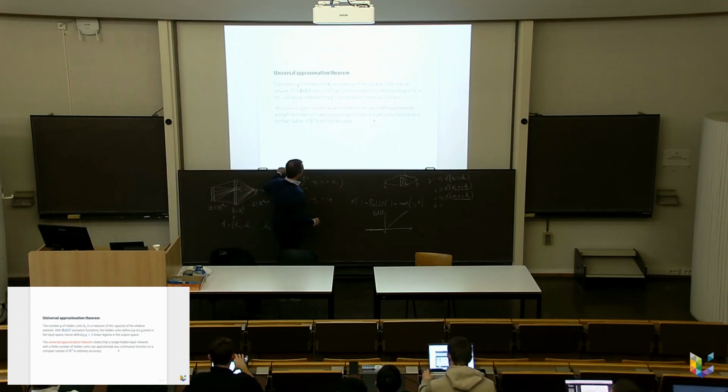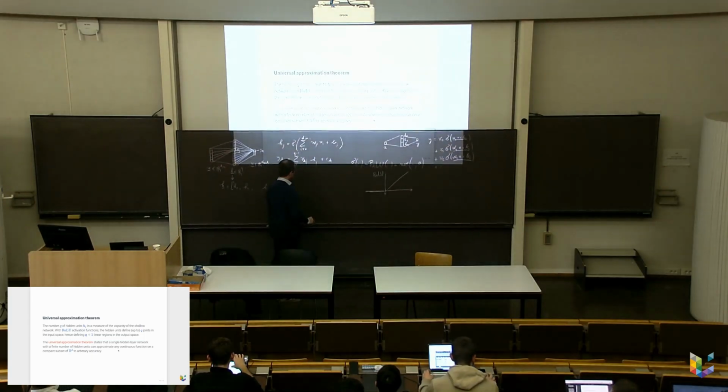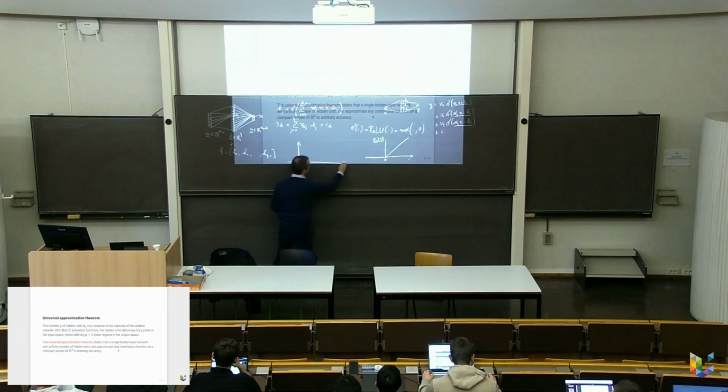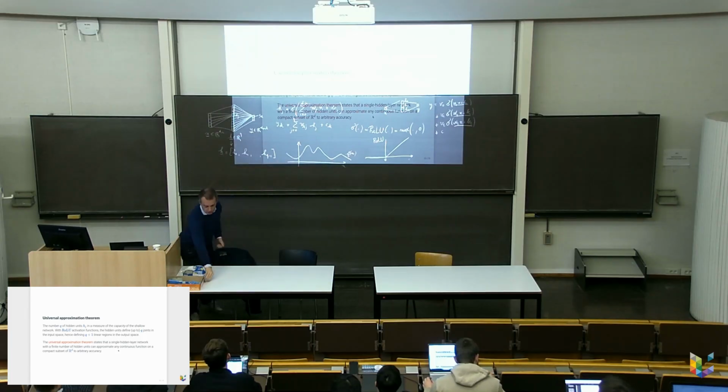So, if you have, let's say, some function, like this would be f of x. You can approximate this function with a shallow network by just basically discretizing or dividing this function into segments.